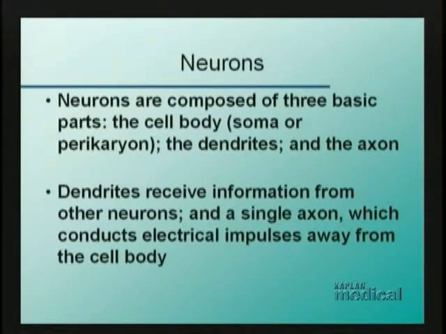A typical neuron is going to have an array of dendrites, and typically a neuron is going to have a single axon. The dendrites are the receptive portion of a neuron, and in a way, the form of a dendritic arbor of a neuron is kind of an indication of what its functional capabilities might be. And as we've indicated, the job of the single axon is to convey action potentials, electrical impulses, away from the cell body toward either a target structure or another neuron.